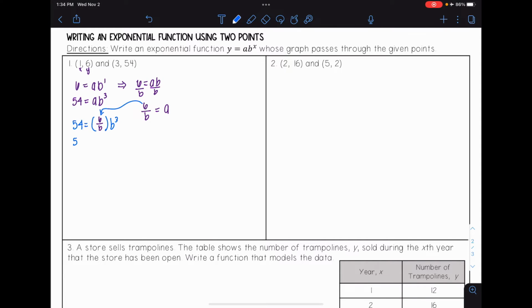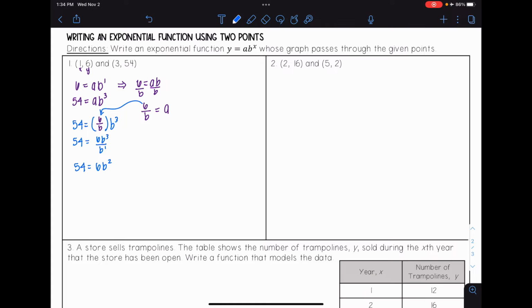When I multiply those, I get 54 is equal to 6b cubed divided by b. And remember our law of exponents, the quotient rule, says that I can subtract those exponents. Remember, this is really b to the first. So I get 6 times b to the 3 minus 1, which is 2.